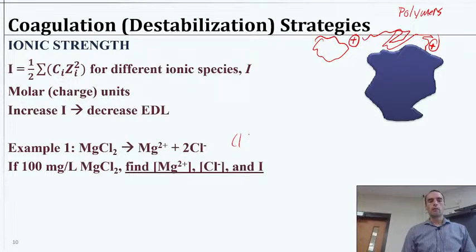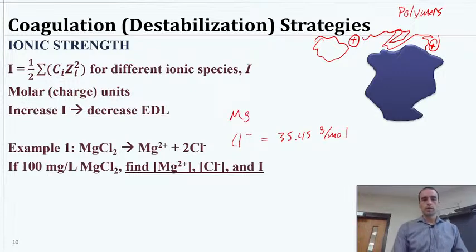Cl, I remember, should be 35.45 grams per mole for the molecular weight. Magnesium, I think, is something near 22, but I'll need somebody to check that, or I can do it real quick with you. Let me know if you find it before I do.